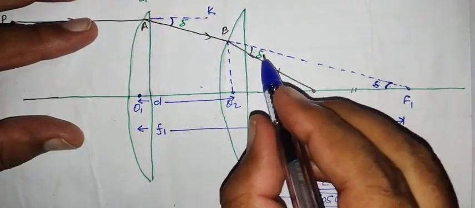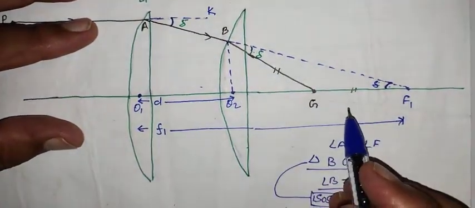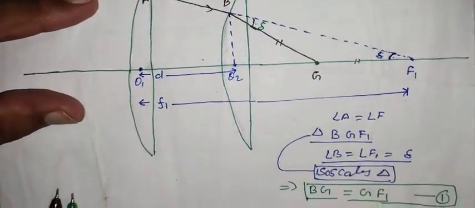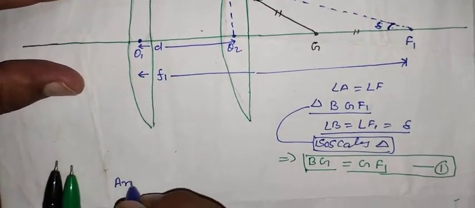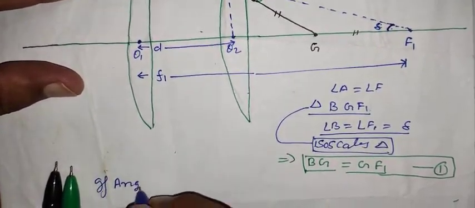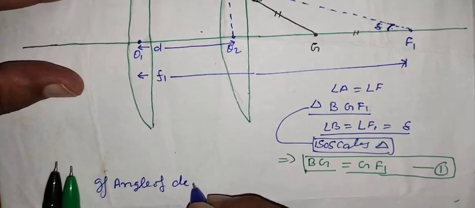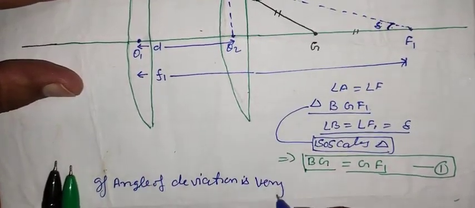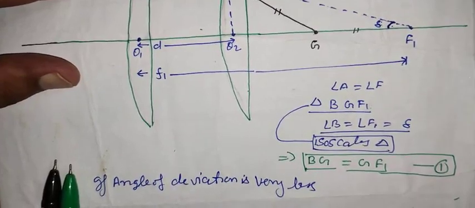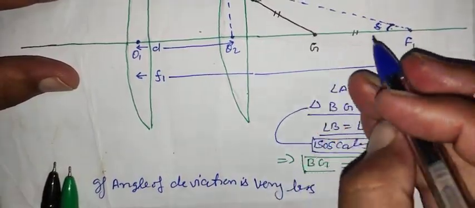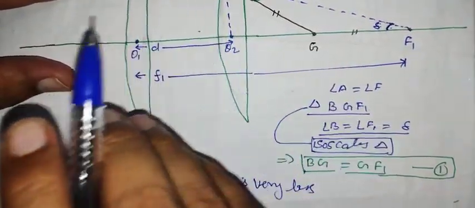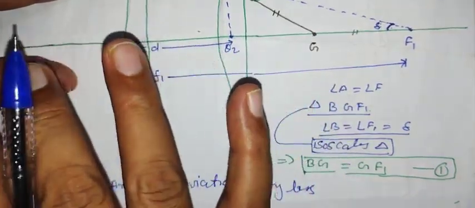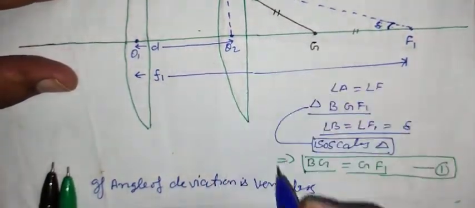If the angle of deviation is very less, in that condition we are using one very unique idea. What is this unique idea?